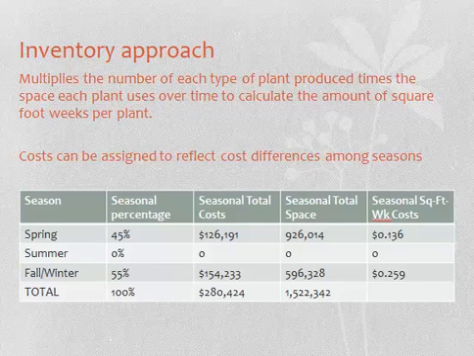So if you want to get very specific in how you attribute those fixed costs, you can break down your cost by season. When you calculate your fixed cost, you would look at maybe your electric bill in the spring and then again look at your electric bill in the fall and winter and see what percentage of your total electric bill goes in each of those seasons.